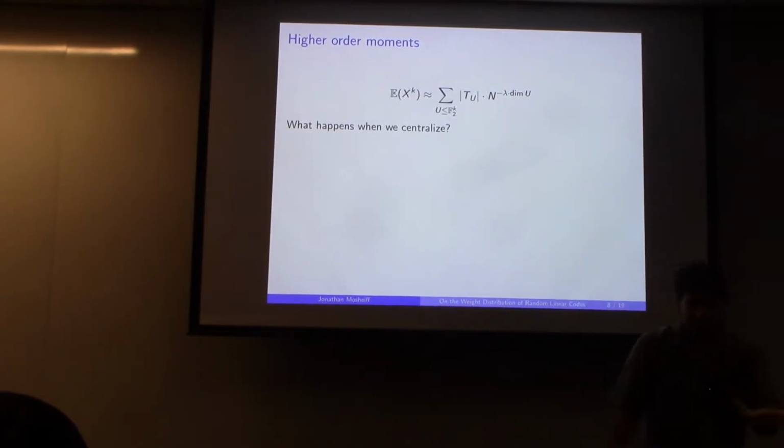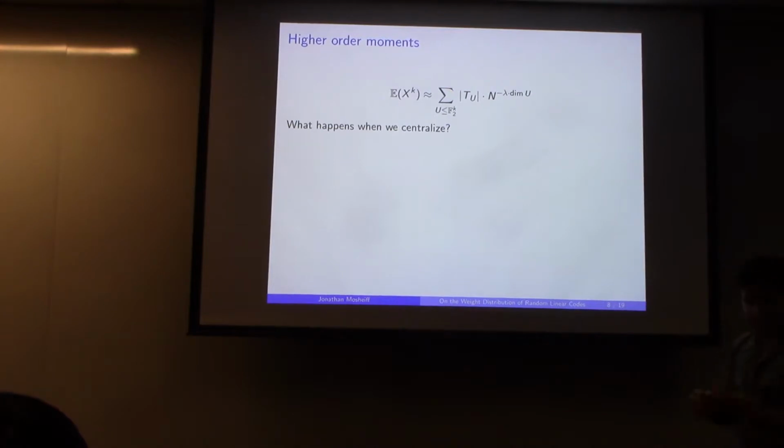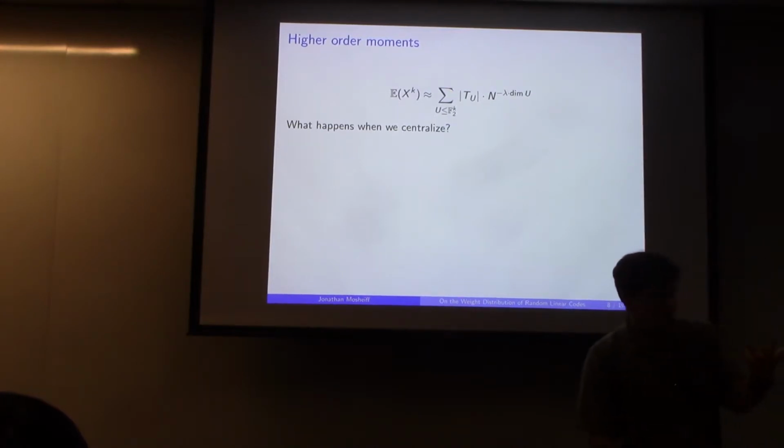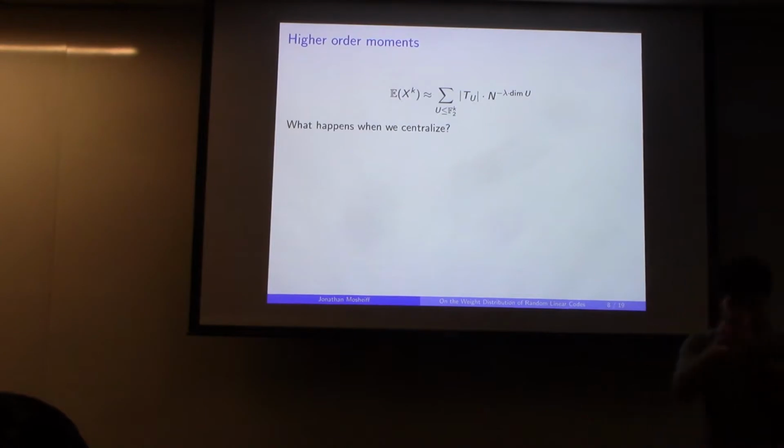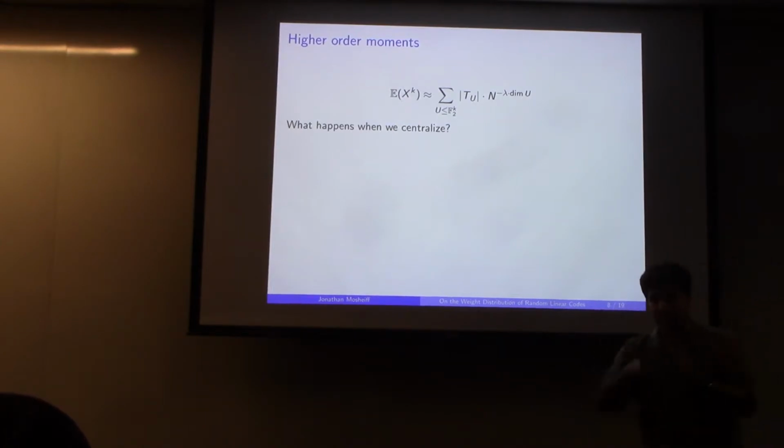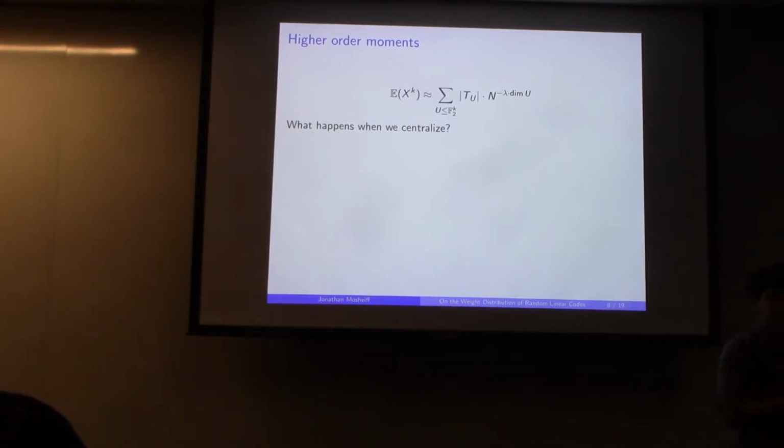And the way this computation goes is that you say the following: if you centralize your variable, then tuples in which a variable appears only once vanish. Why is that?